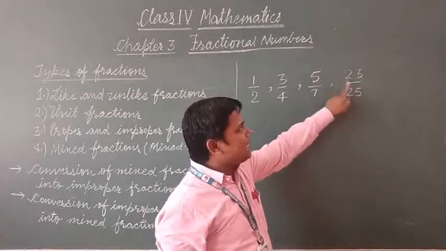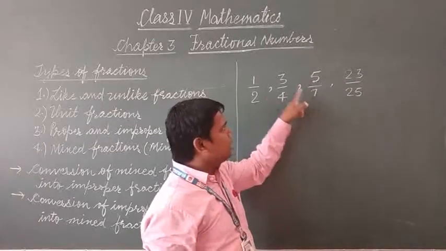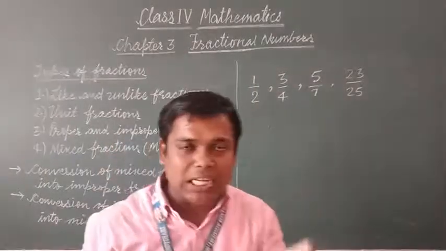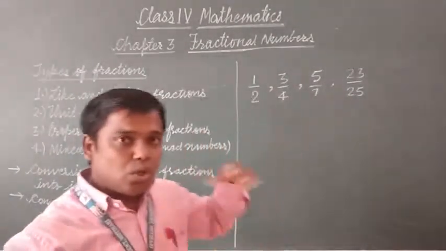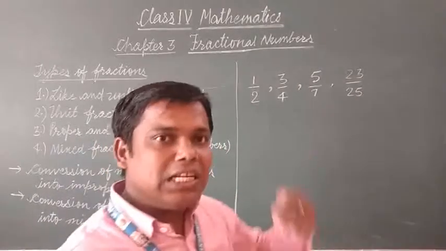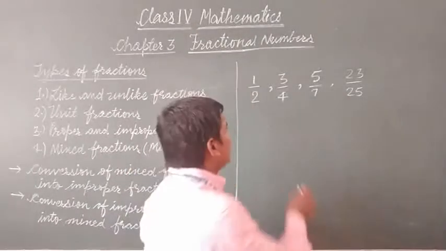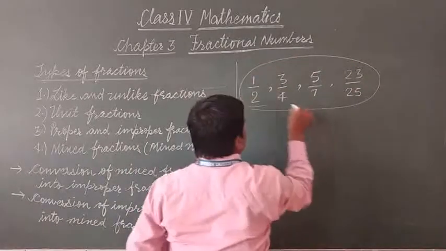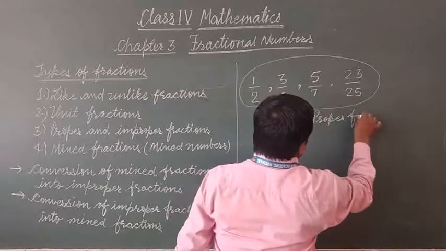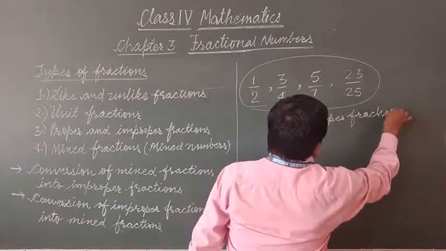Means in each, the numerator is smaller than the denominator. So in the fractions, if numerators are smaller than denominators, fractions are called proper fractions. So these are the examples of proper fractions.